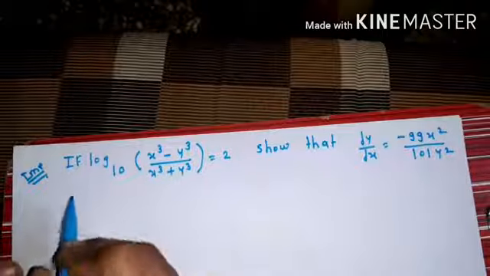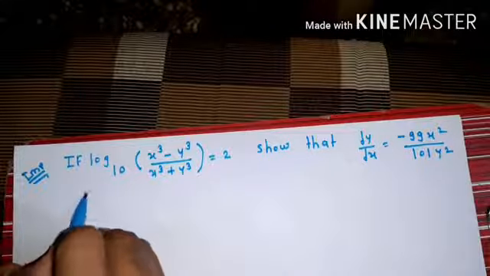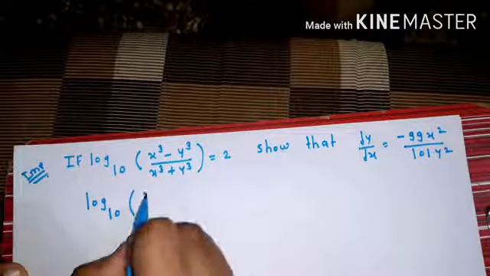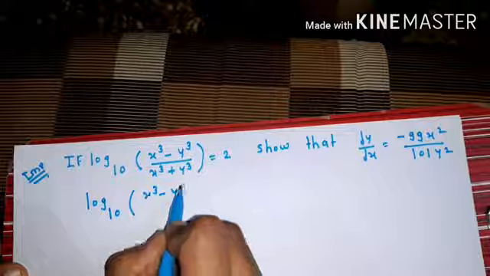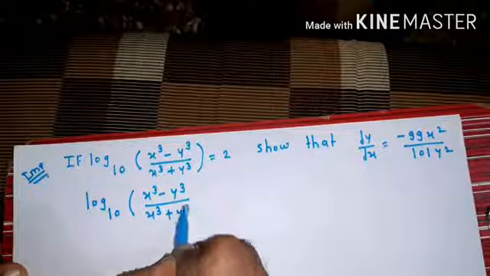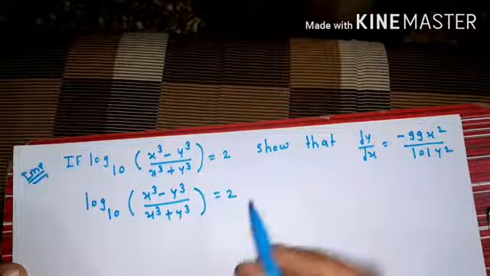Okay, so let us consider what is given. Log to the base 10 of x raised to 3 minus y raised to 3 upon x raised to 3 plus y raised to 3 equal to 2.